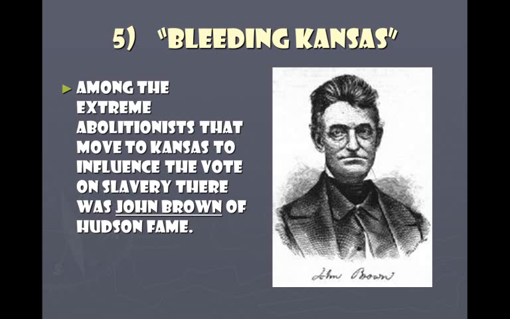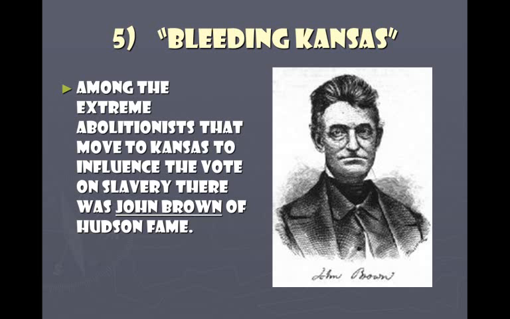One of the people that moves to Kansas is an abolitionist named John Brown. If any of you are from Hudson or have ever been into Hudson, right outside of Cleveland, John Brown was a minister in Hudson. He wasn't from Hudson, but for a large part of his life, somewhere in the ballpark of 20 years, he lived in Hudson. And he was an incredibly extreme anti-slavery person.